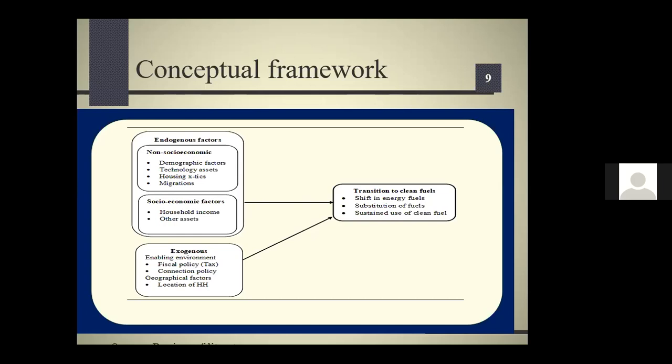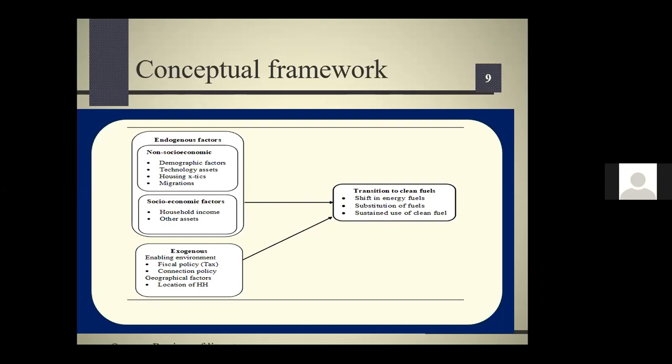So other than the socioeconomic aspects, after looking at the literature, you notice that even these non-socioeconomic factors are very important in as far as making household decisions is concerned. The other aspect that we see here is the exogenous factors, and this is really the enabling environment.